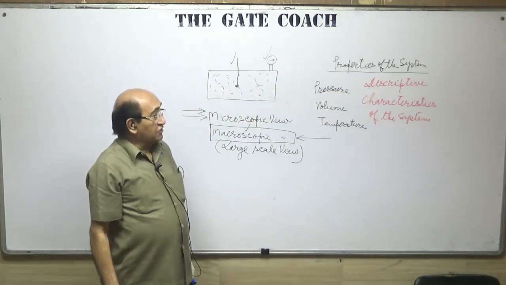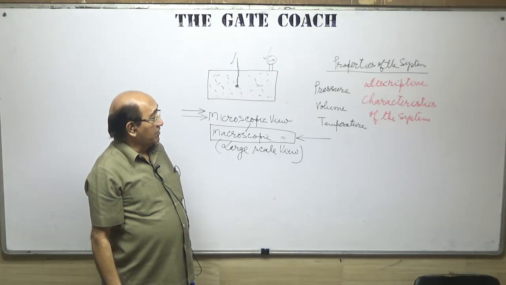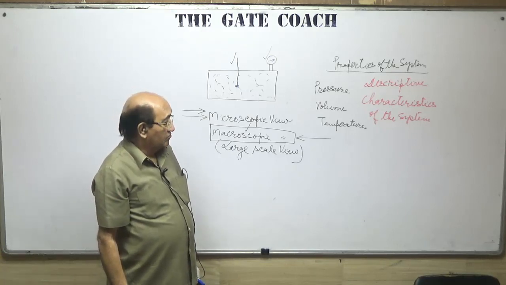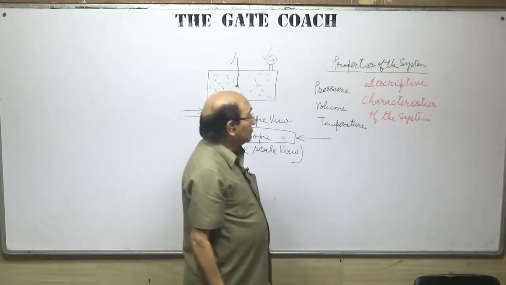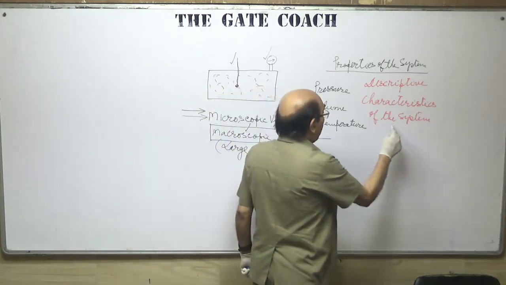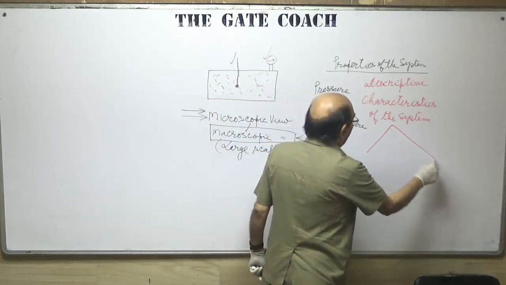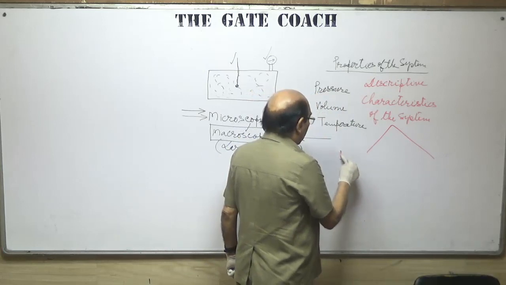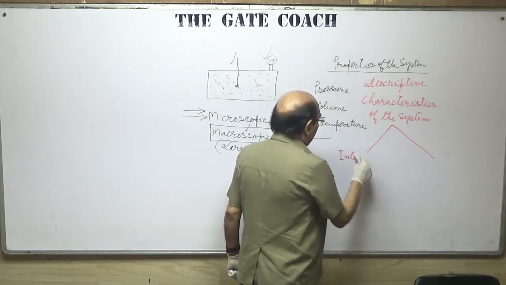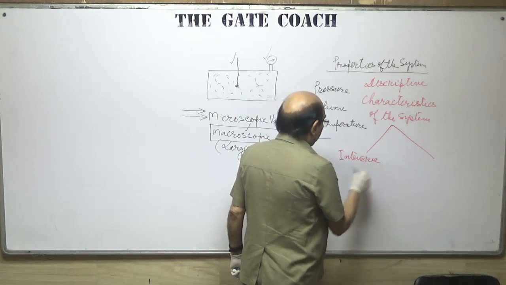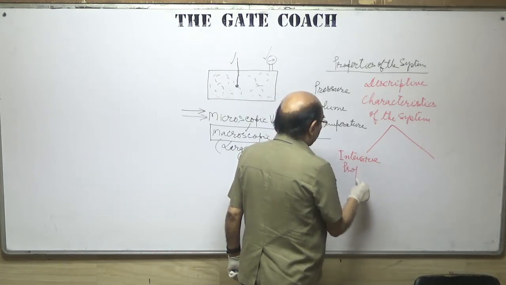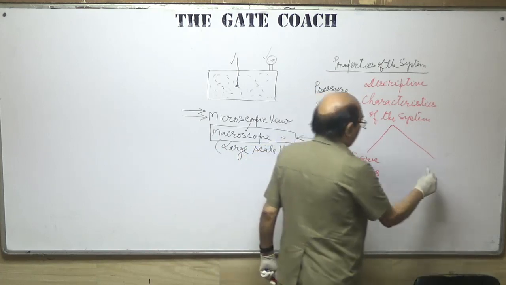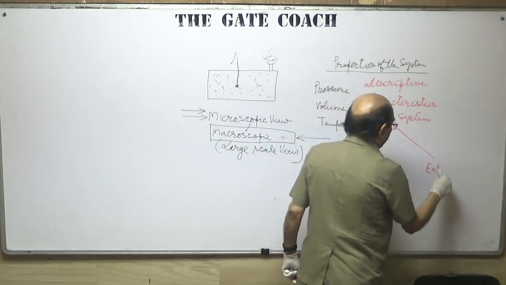The characteristics with which the system can be fully described. To classify them, we can have intensive properties and extensive properties.